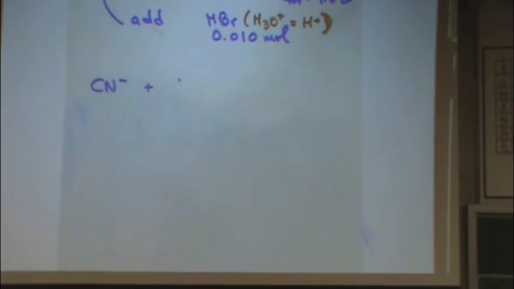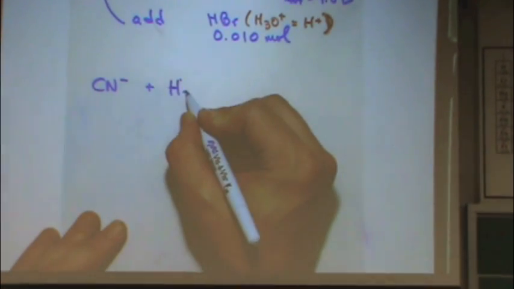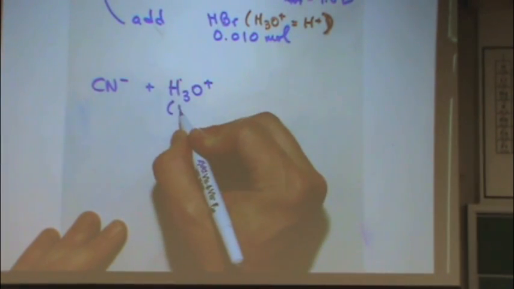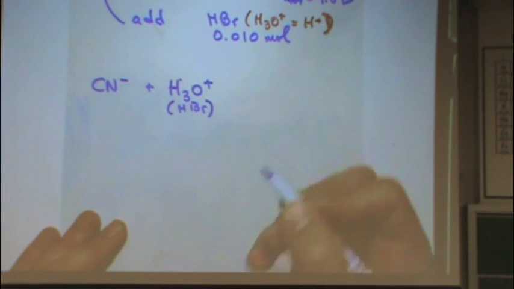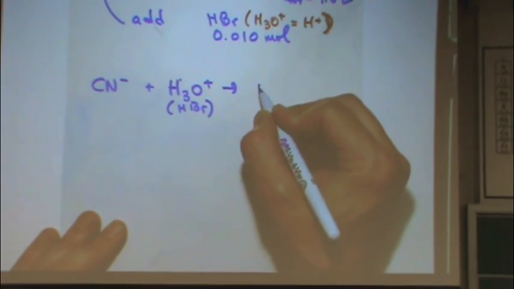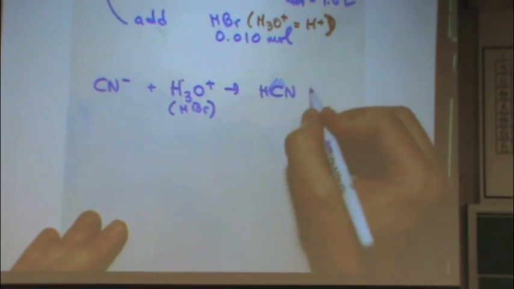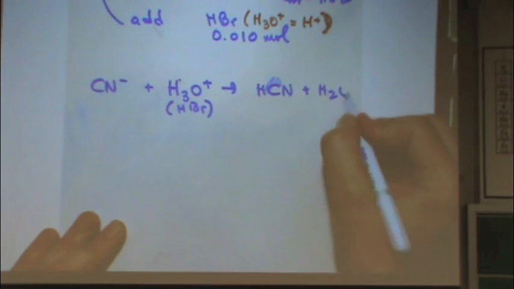So HBr has an extra H plus, or I'm really thinking H3O plus. So when I write my reaction, H3O plus, and remember this represents HBr. The CN minus will react to form HCN, and the H3O plus will lose a proton.